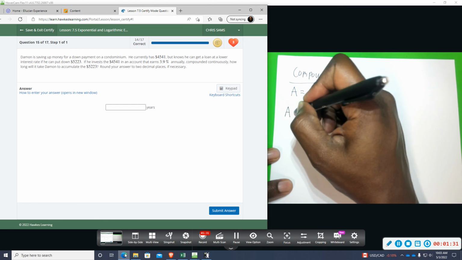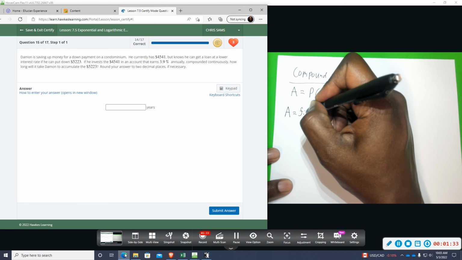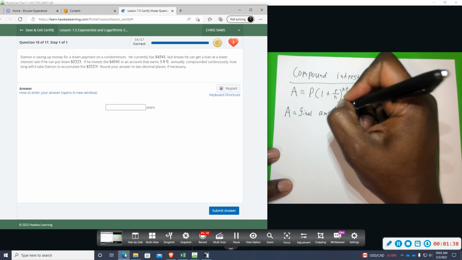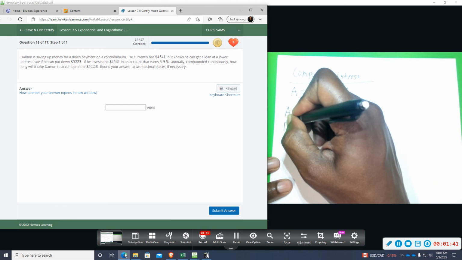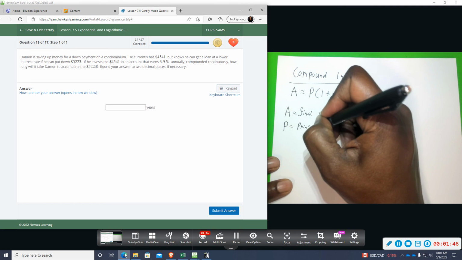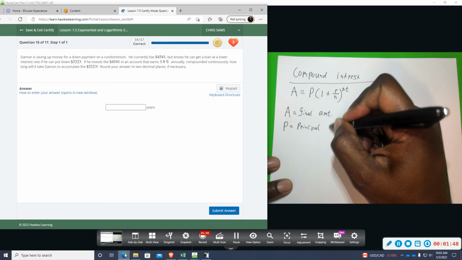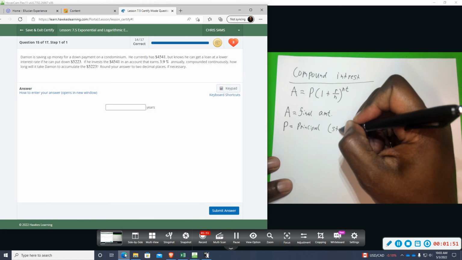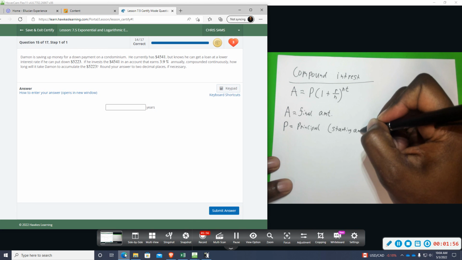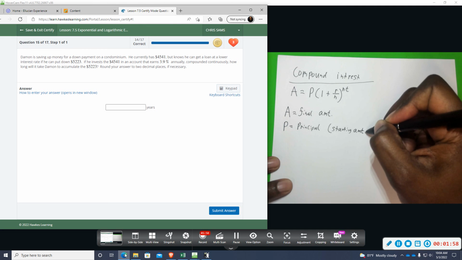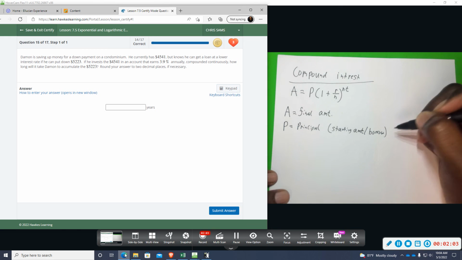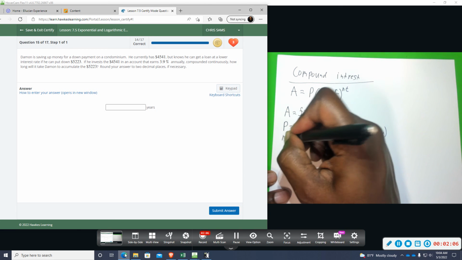A is going to be your final amount. It's going to abbreviate amount with AMT. P is your principal. That is your starting amount, or we might say borrowed amount, so sometimes you borrow. R is your interest rate.